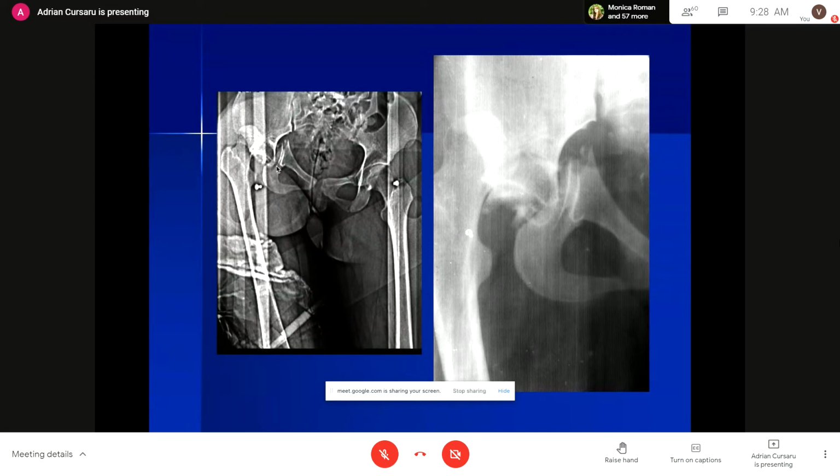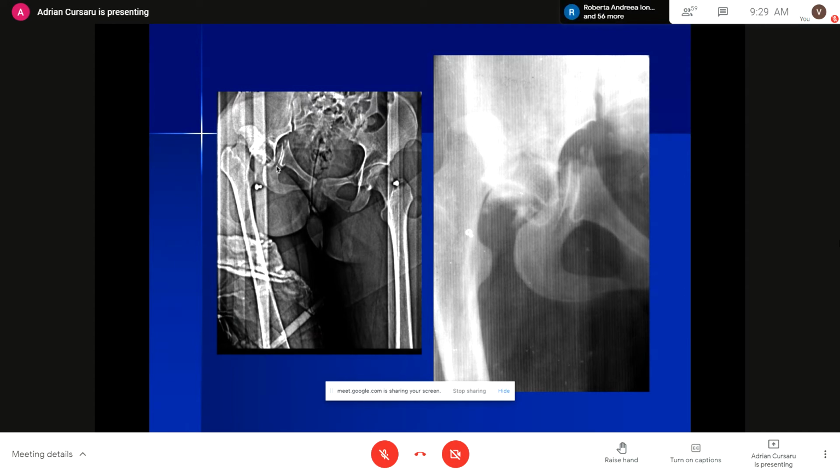You cannot say if it's complicated with an injury on the vessels or on the nerves. It is impossible to make that just on the X-ray. But you can see and tell us what kind of fracture it is. It's an intra-articular fracture or extra-articular fracture.